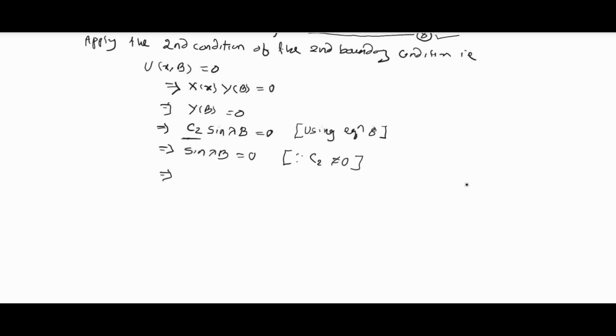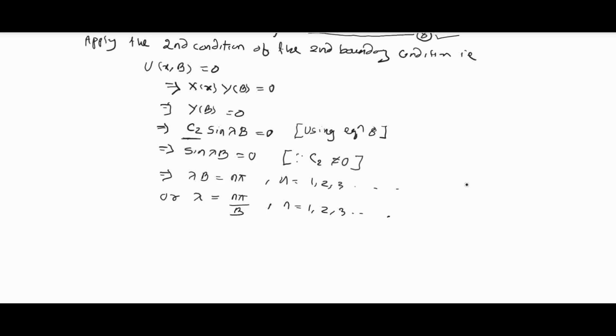That implies lambda b is equal to n pi, for n is equal to 1, 2, 3, dot dot dot, or lambda is equal to n pi by b for n is equal to 1, 2, 3, dot dot dot.